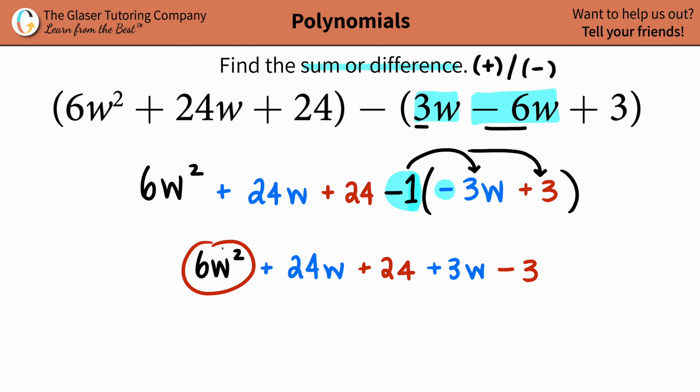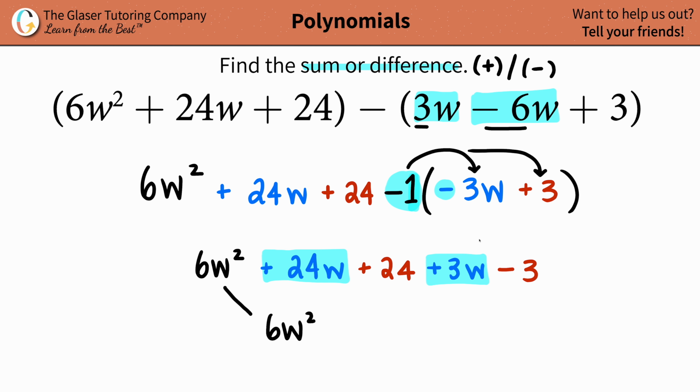Okay. Now, because we have these beautiful colors, we only simplify the same color. Since I only have one black term, the 6w squared, I'm just going to write 6w squared. But now when we're talking about w's, I have a 24w, and then I have a 3w on the other side. So I must simplify that and take those signs into consideration. We're always looking at those signs.